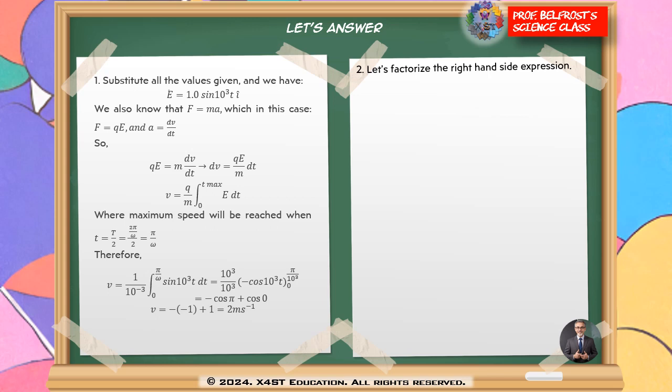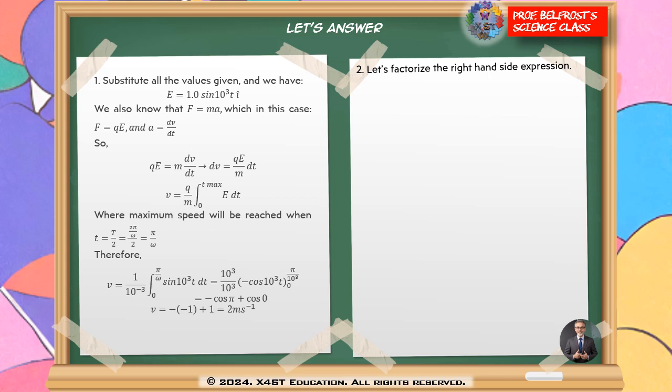But what is the time that will give the maximum speed, as the problem wants to find? It is when the time is half the period, right? Because we know that the period is 2 pi divided by omega. So 2 pi divided by omega divided by 2 is pi over omega.